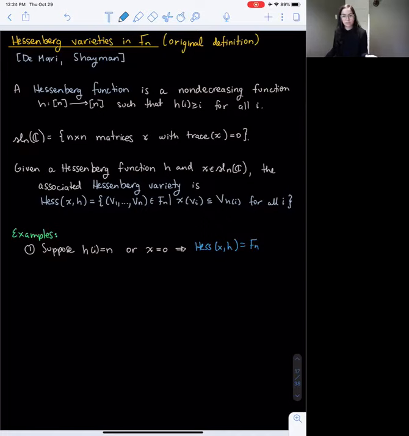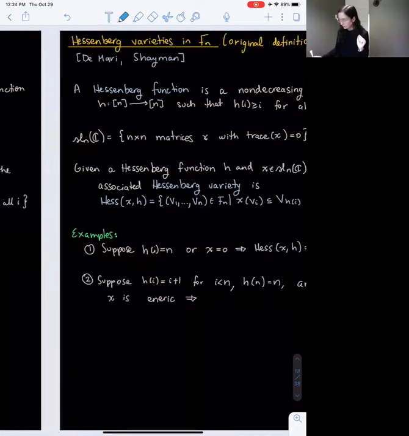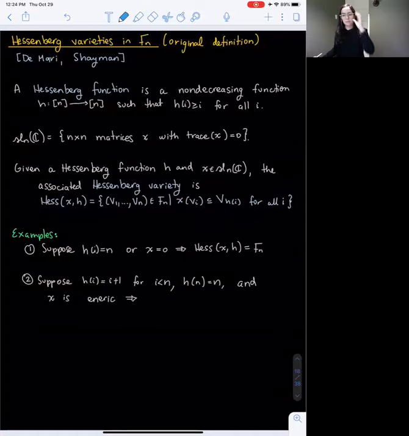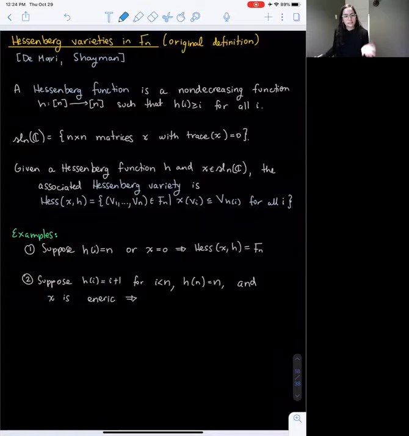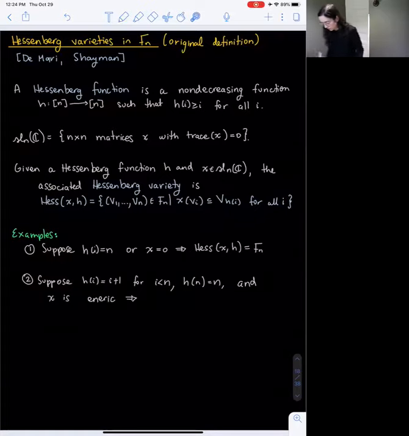Okay. And then as promised, the theme of what I'll tell you next, starting now, is that Hessenberg varieties are also combinatorial. So let me give you a second example that starts heading us in that direction. Let's suppose we have this other Hessenberg function. It increases your index by 1 for almost all of them except the last one. And then we suppose that you have a generic element, so a generic matrix, meaning you just pick the entries randomly.